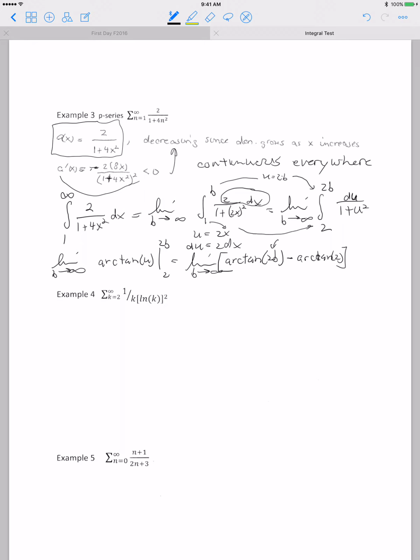Well, the arctangent has a horizontal asymptote at y equal to pi over 2. So this arctangent of 2b approaches pi over 2 as the input approaches positive infinity. And then the second term, minus arctan of 2, is not affected by the limit. Since this limit exists, the improper integral converges, so the infinite series 2 over 1 plus 4n squared converges by the integral test.